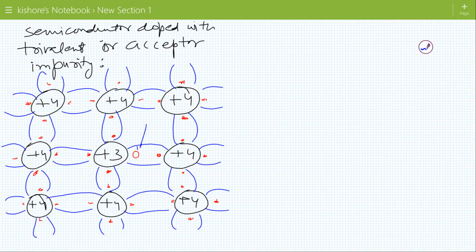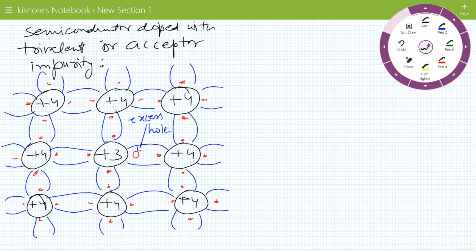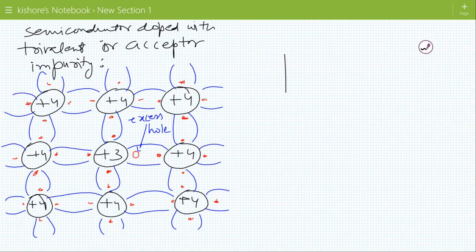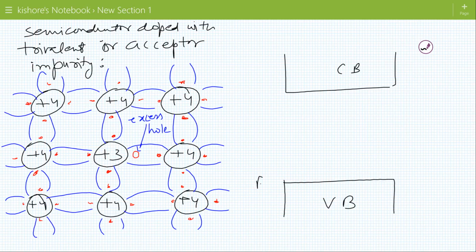This is the excess free hole. This we can show in the band diagram. Now in case of acceptor impurity, the acceptor energy level is close to the valence band.